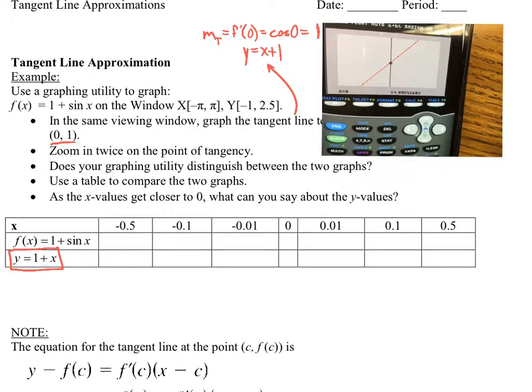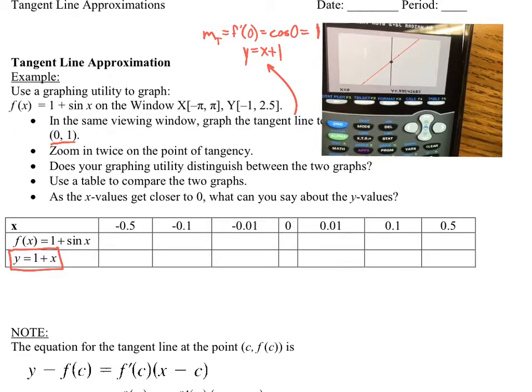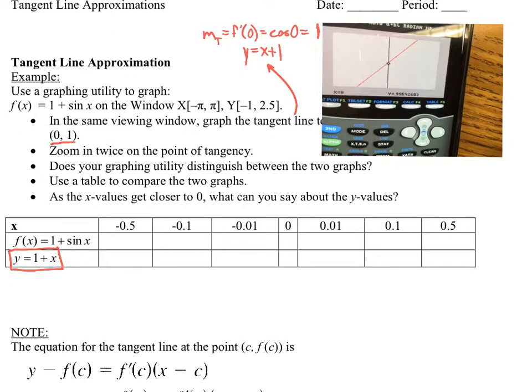But you'll notice here, even though we know 1 plus sine of x is not a straight line, because we've zoomed in so close, it looks straight. Okay? We've zoomed in so close here that it looks straight. So our graphing calculator does not distinguish between the two graphs on this interval. Okay? At least from what we can see.